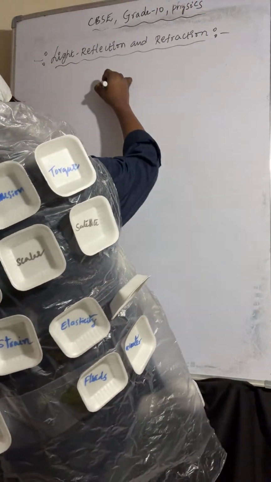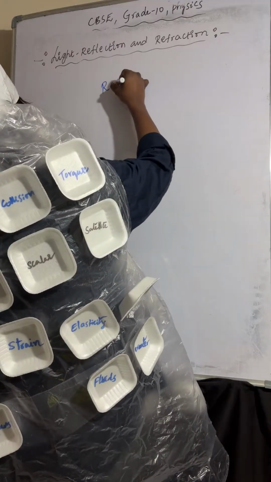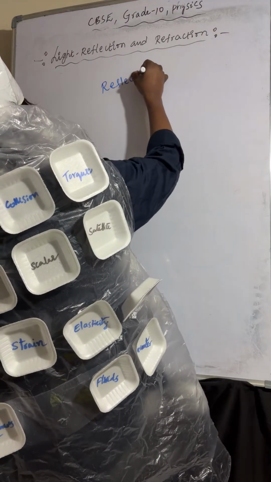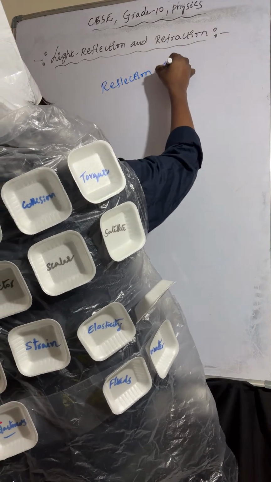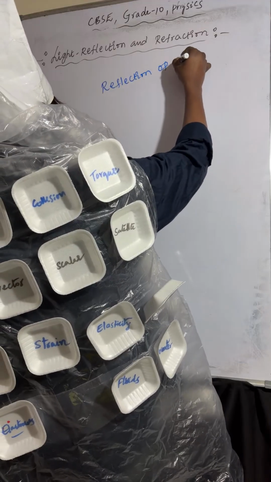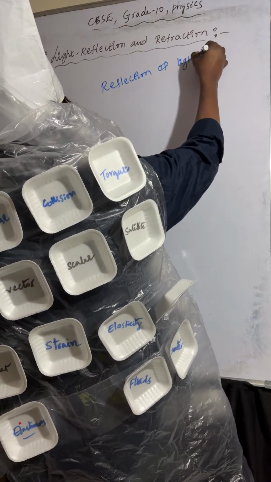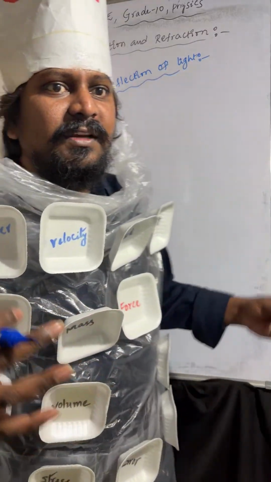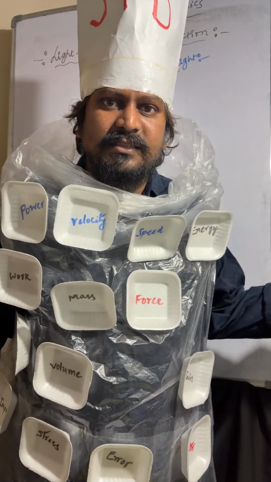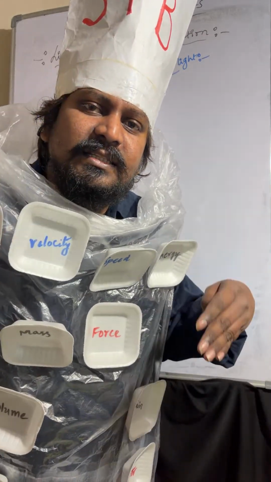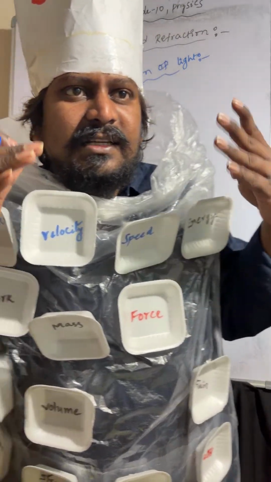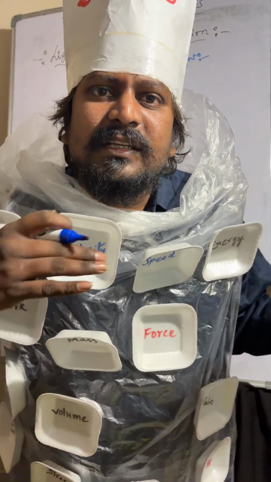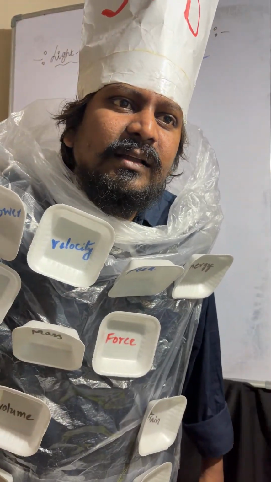Reflection of light is nothing but the bouncing back of the light from the reflecting surface. When light is incident on it, after reflection, the light ray will reflect back.